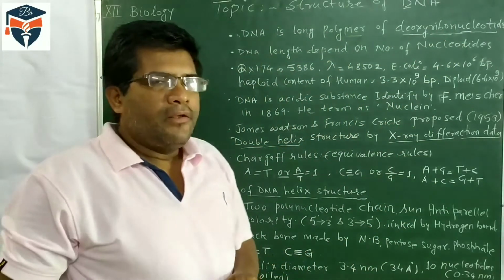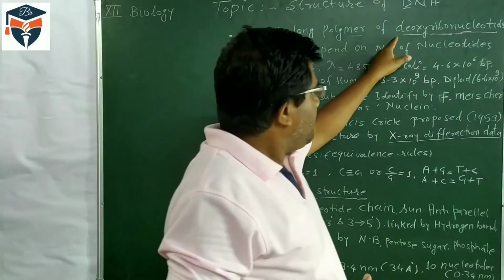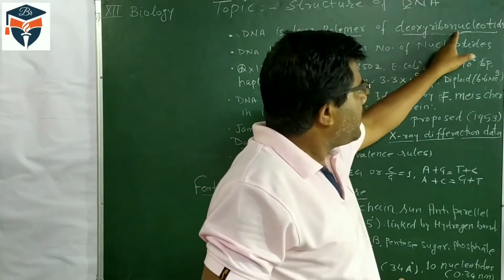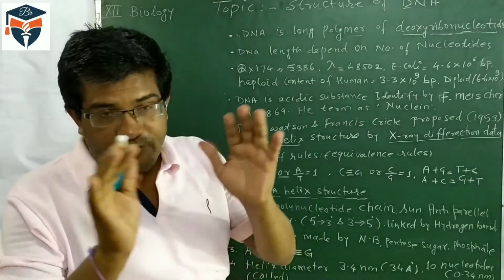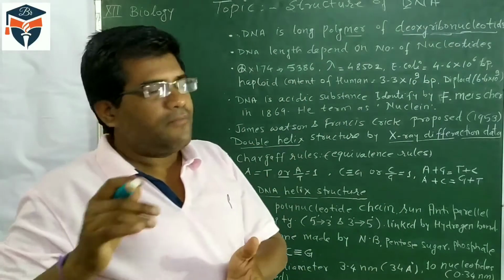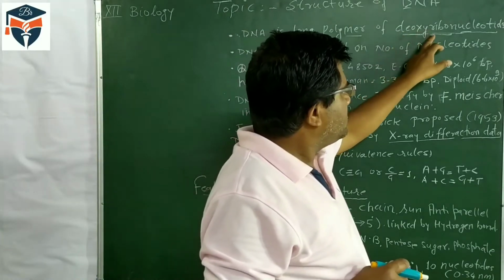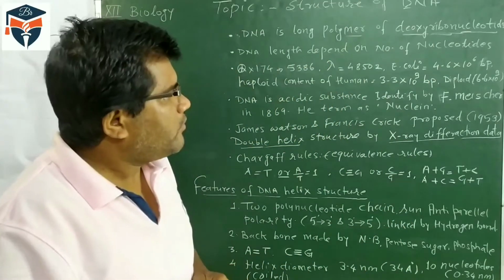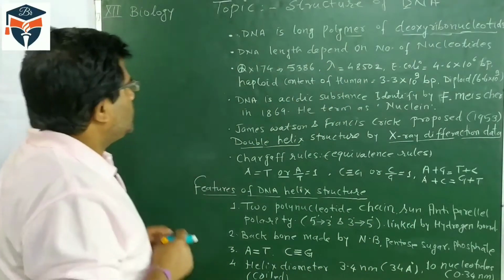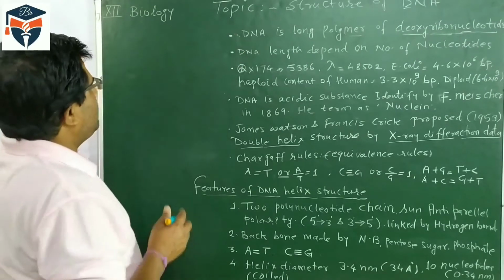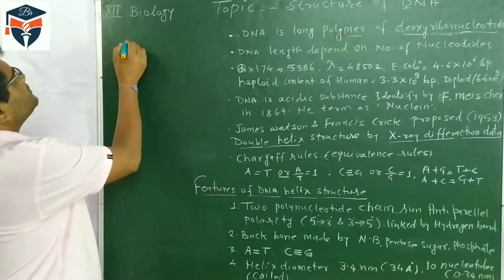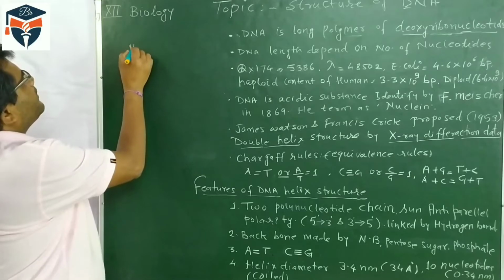When many deoxyribonucleotides are joined together, they form one long chain, and this long chain is called a deoxyribonucleotide chain.